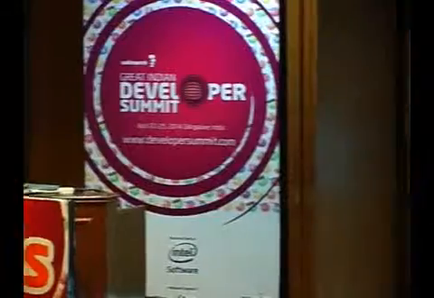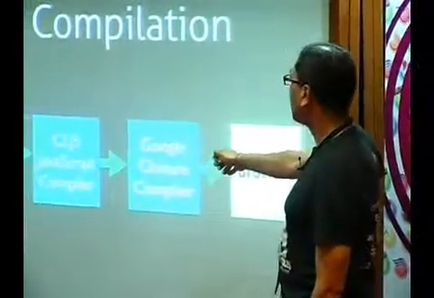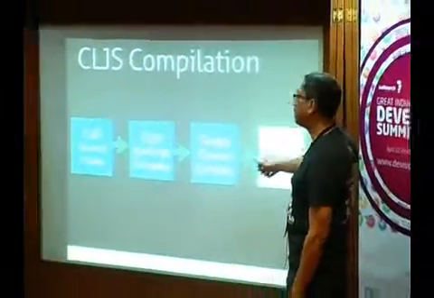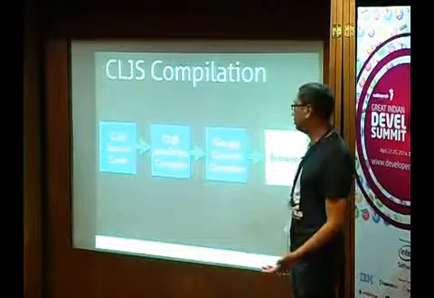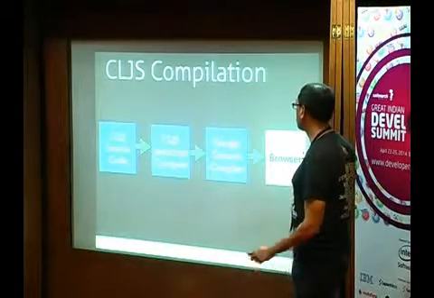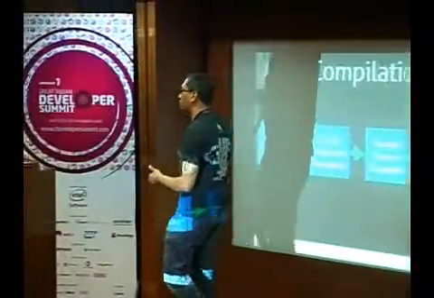So we have the ClojureScript source, right? That's what we were coding. That source goes into the CLJS JavaScript compiler, which converts it to JavaScript, and then from there it gets optimized by the Google Closure compiler, which produces optimized JavaScript, and that is what is actually run in the browser. So there are several stages happening here.